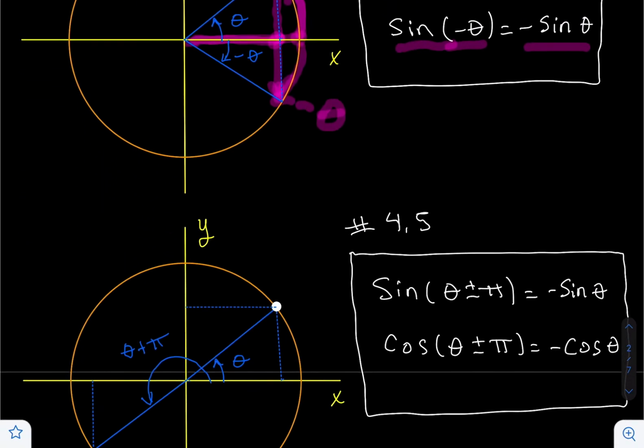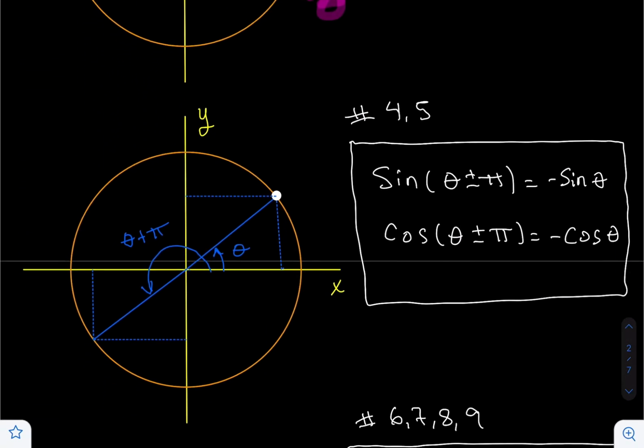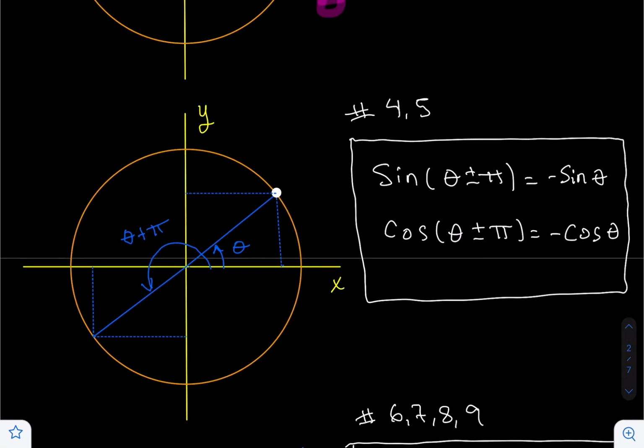And let's move with a couple of easy ones. Now what we're going to do is add plus or minus 180 degrees to this angle right there. So you start with this angle, and adding pi is halfway around, so it's just like a straight line, and you go all the way across on the other side.